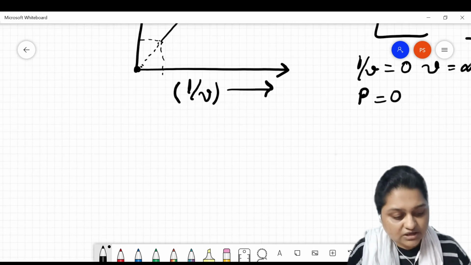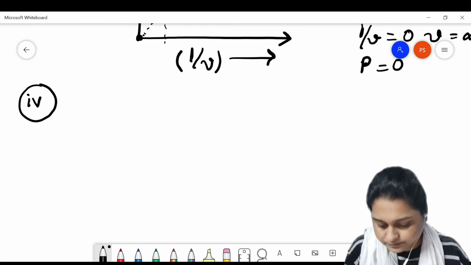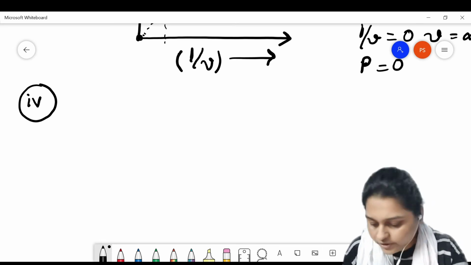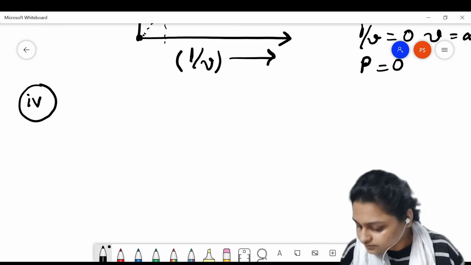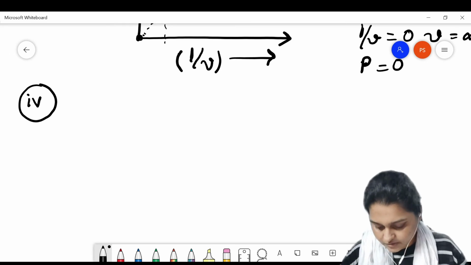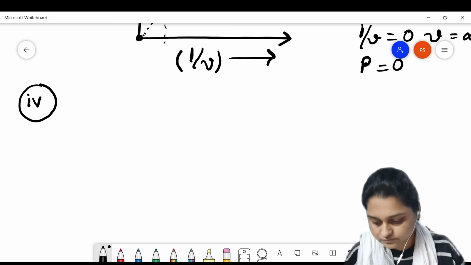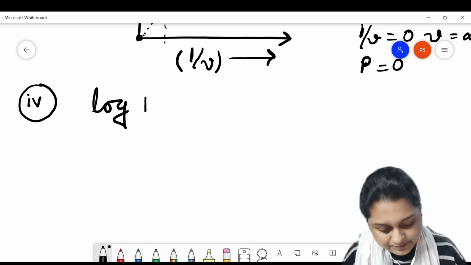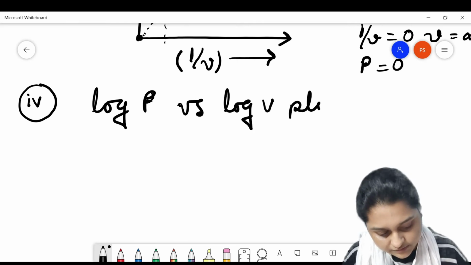Let's try to do another plot. In this one, we will try to study the log of P versus log of V plot.